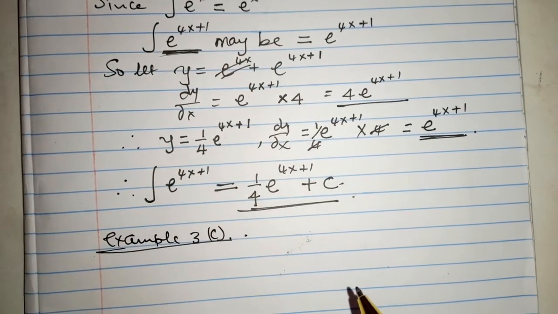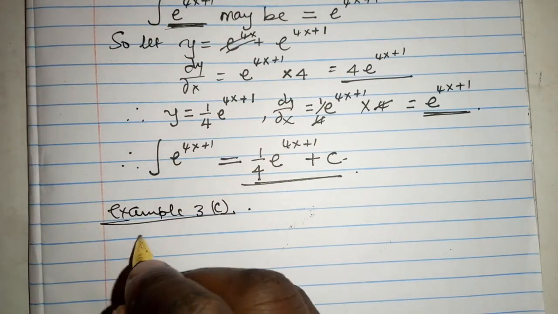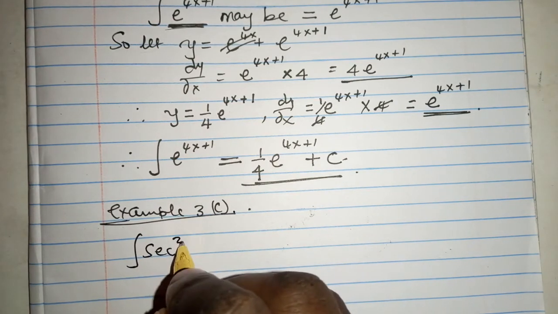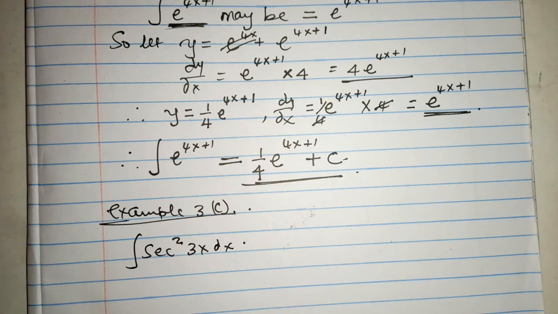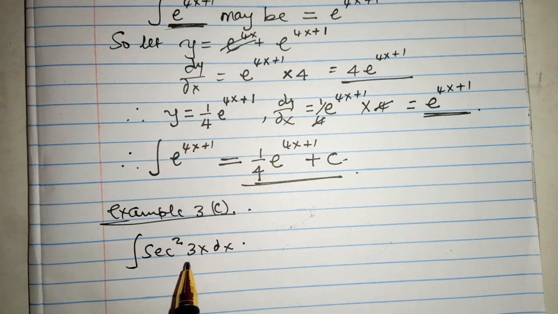In this part, we are expected to integrate sec squared 3x with respect to x. Again, we should look at sec squared as a derivative of something. We know the derivative of tan x is sec squared x.